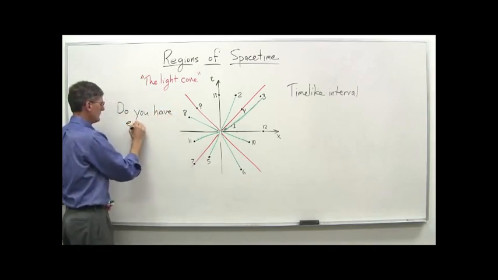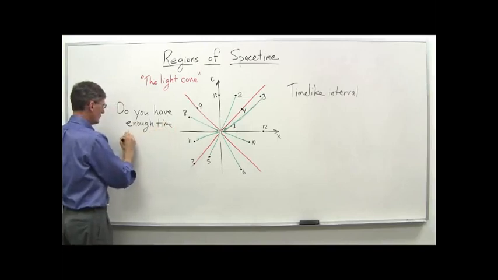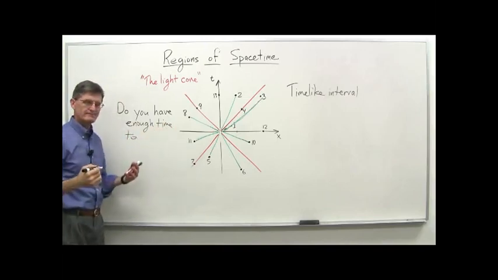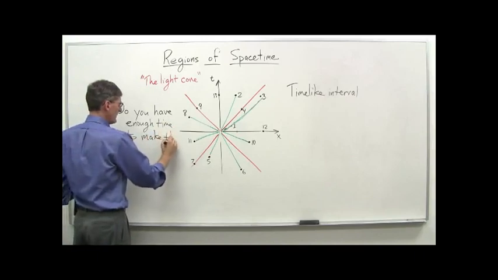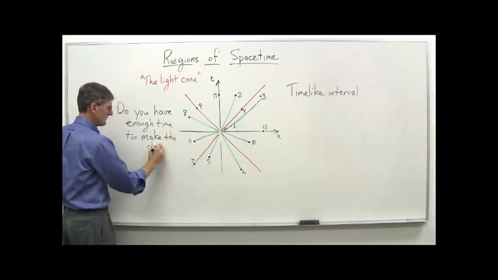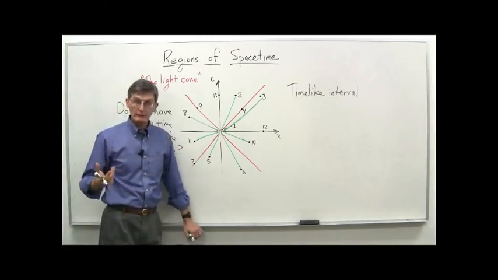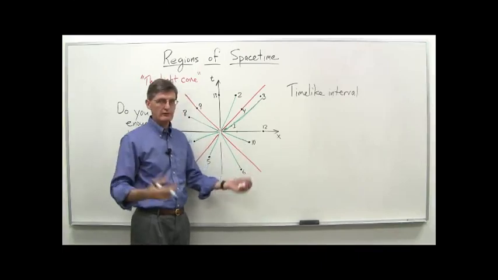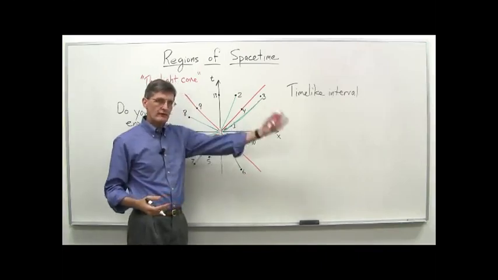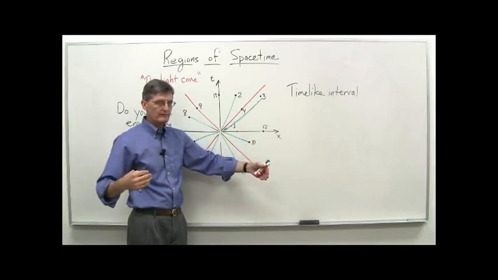And really the key question here is: do you have enough time to really just make the distance? This should be a little intuitive, because in our everyday lives we think about this a lot. If you drive a car, or take a bus or a train, you think, I have to travel a certain distance, and I have a certain amount of time to do it.